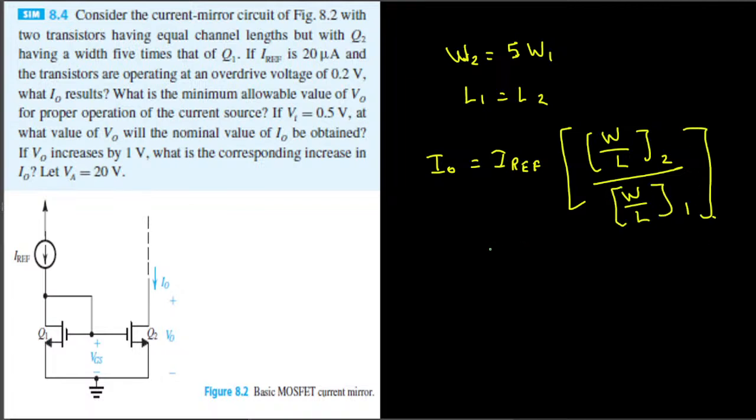Okay, and then if you write this, I reference times W2 over L2 over W1 over L1. And here we can try to replace everything in order to cancel each other.